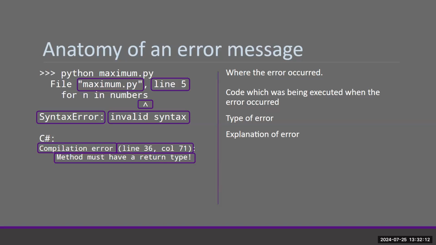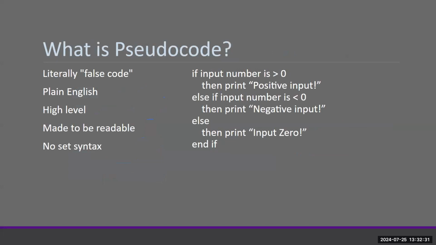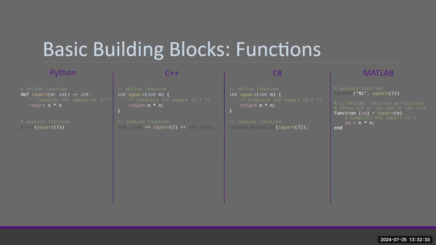For C#, it says a compilation error, line 36, column 71, which basically means character 71. And then it says method must have a return type. A method is just a fancy way of saying function, and a return type is the type that is returned from that function.